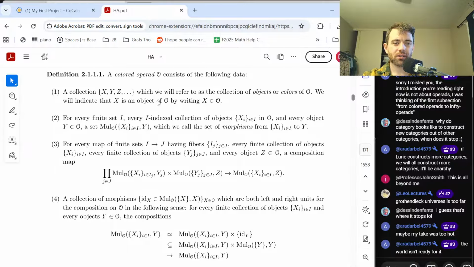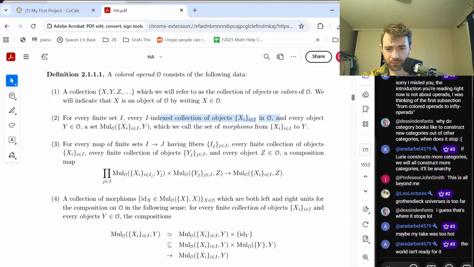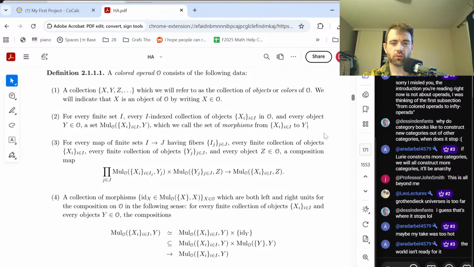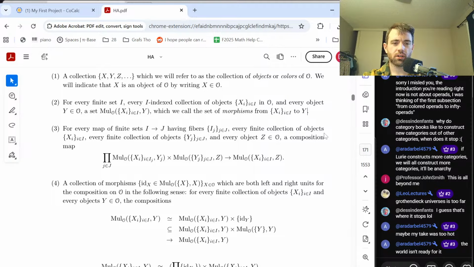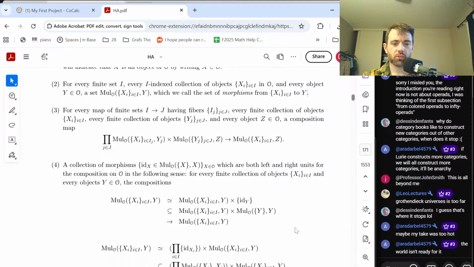We'll indicate that X is an object. For every finite set, every I-indexed collection of objects in O, and every object Y in O, a set of multimorphisms, which we call the morphisms. Right, and this is just our composition law.